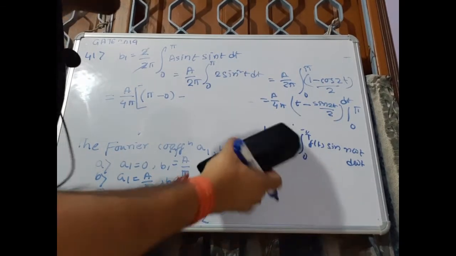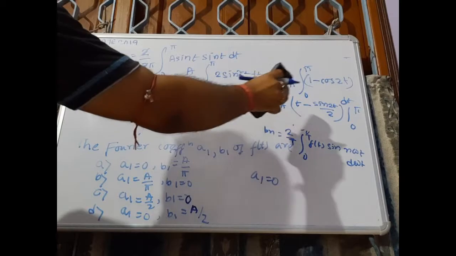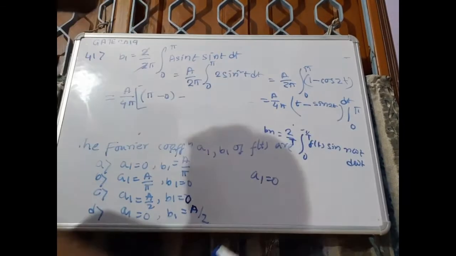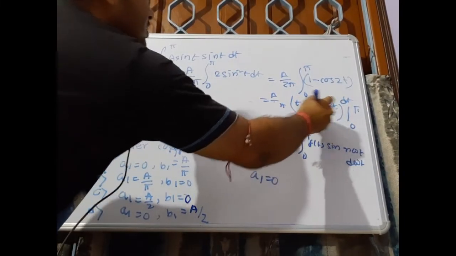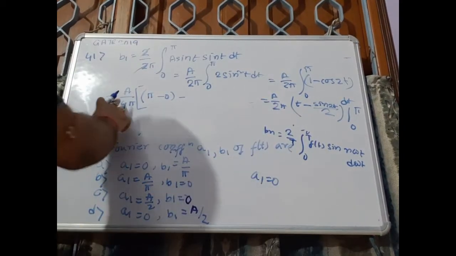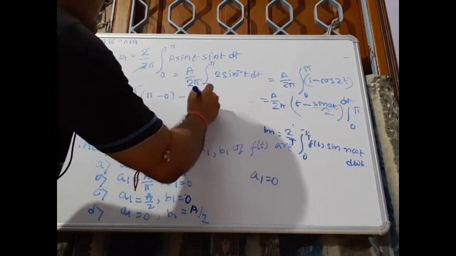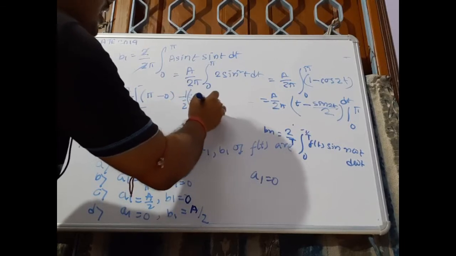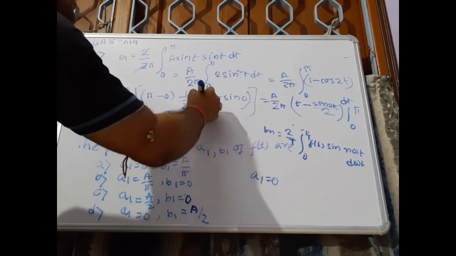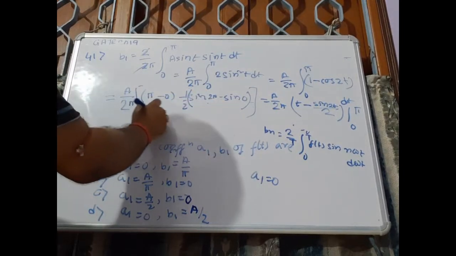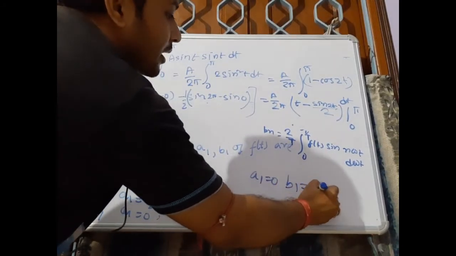Okay, this is not actually divided by 2, right. 2 sine square t is 1 minus cos 2t, so this is by 2 and this is twice pi, and I take common half, 2 pi minus sine 0, and this part is 0, obviously 0 minus 0, so this will be a by 2, so b1 is a by 2.